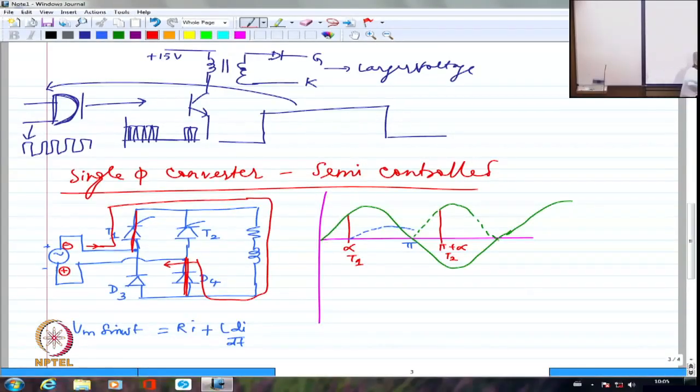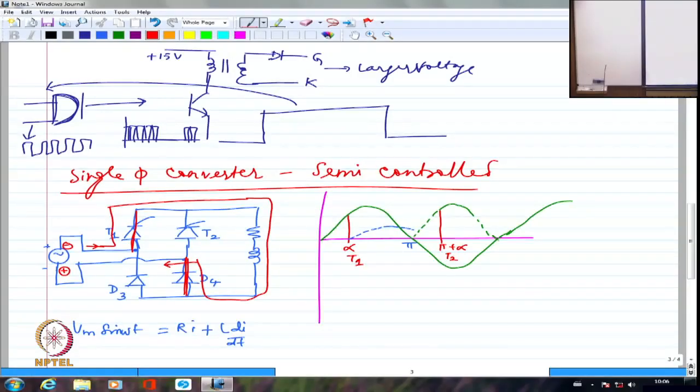Whether I like it or not, plus and minus are connected now in such a way that this diode gets forward biased. D4 is conducting. Because of that, the supply voltage comes now across D3. Until pi, the supply voltage was reverse biasing it.